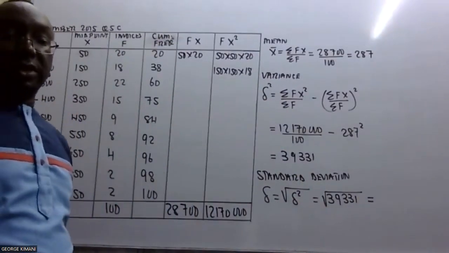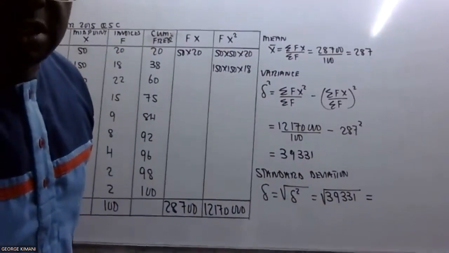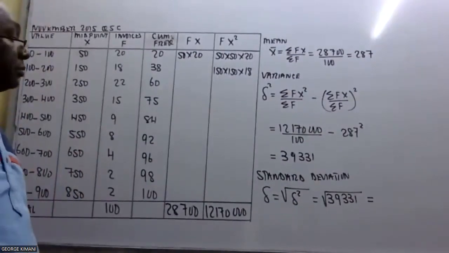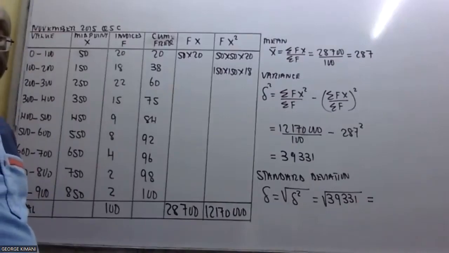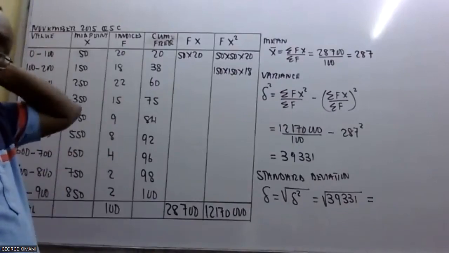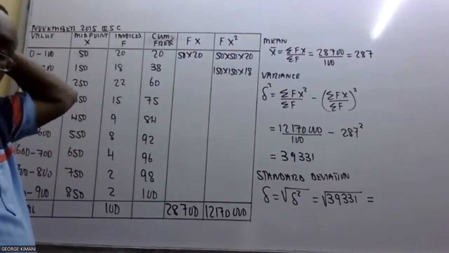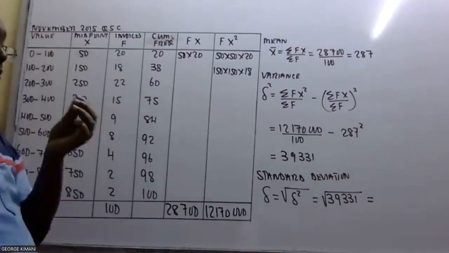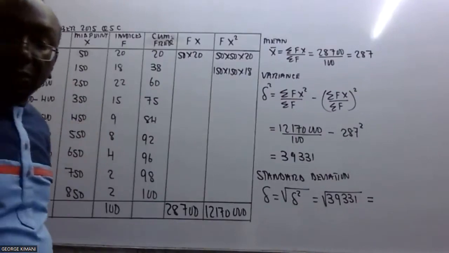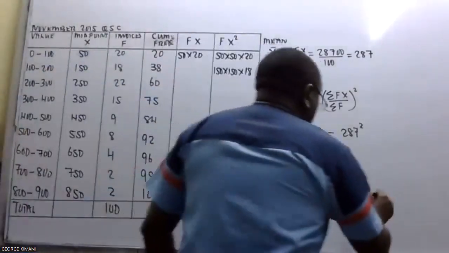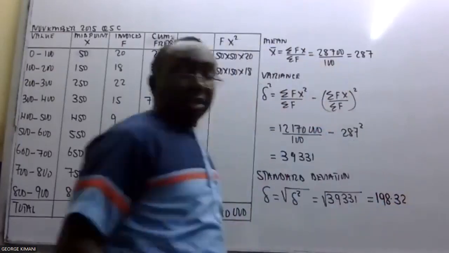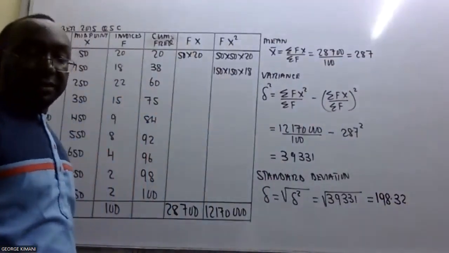Standard deviation is simply the square root. 198.32. That is the standard deviation that I'm getting.